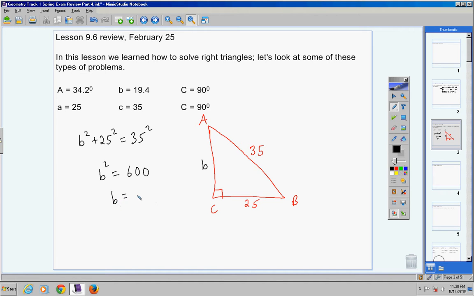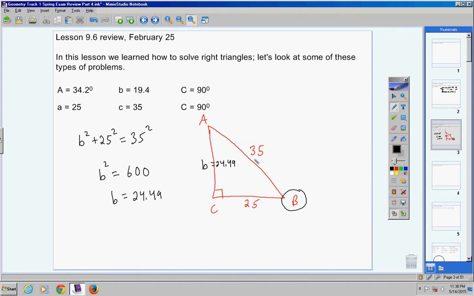So B equals 24.49. So good. I found the side. Now students, we have to solve for two angles. Please listen to me. It does not matter which angle you solve for first. It doesn't matter. Pick an angle and circle it. I'm going to solve for B.